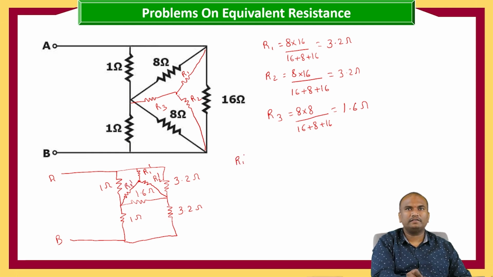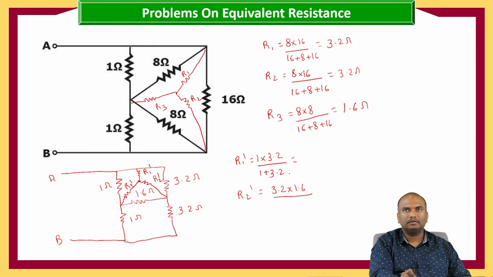So R1 dash is equals to 1 into 3.2 by 1 plus 3.2. R2 dash is equals to 3.2 into 1.6 by 1 plus 3.2 plus 1.6.